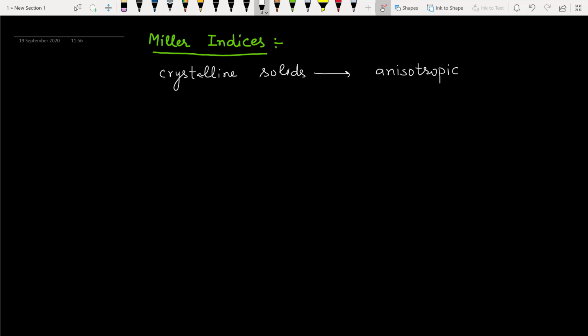It means the properties of crystalline solids depend upon directions within the crystal.